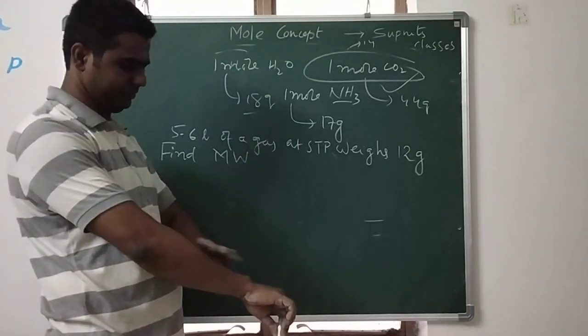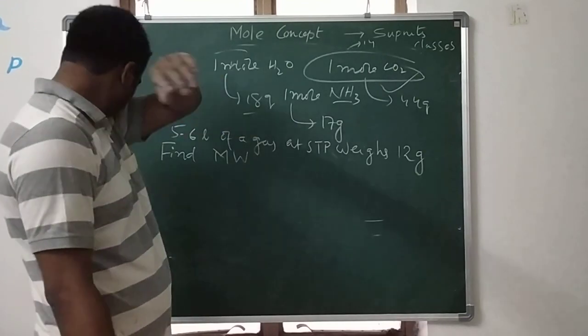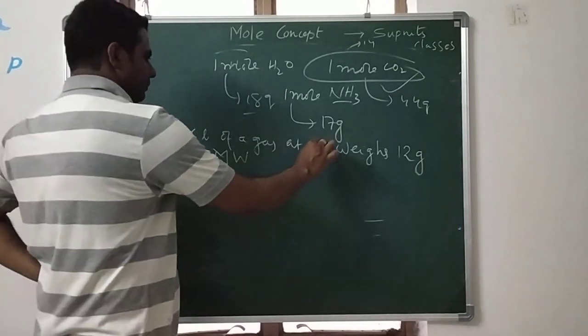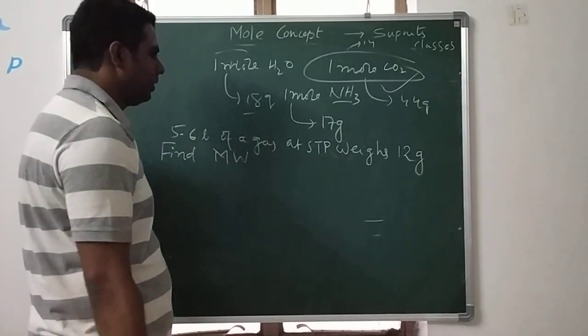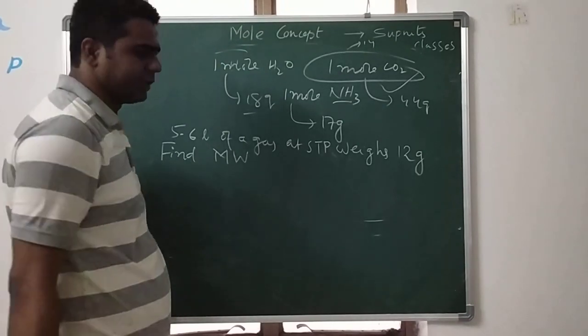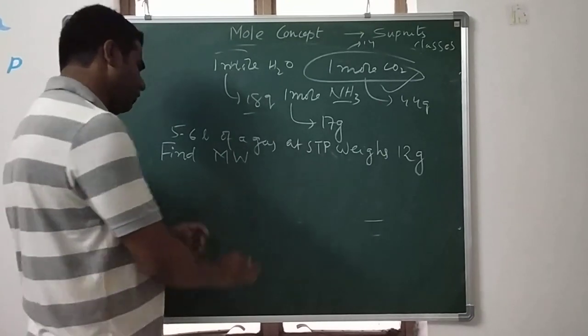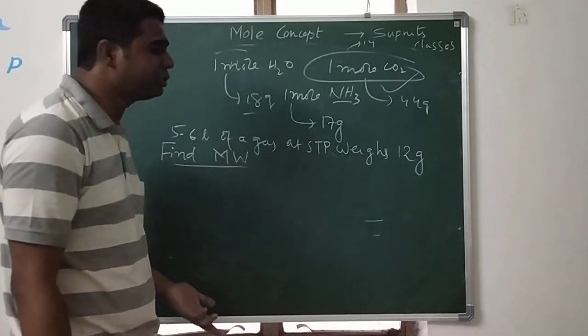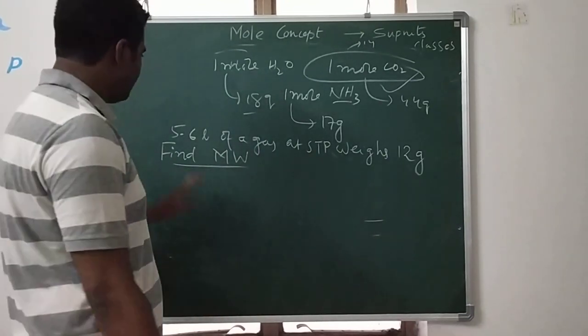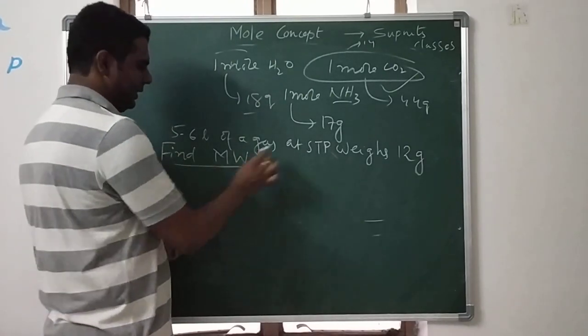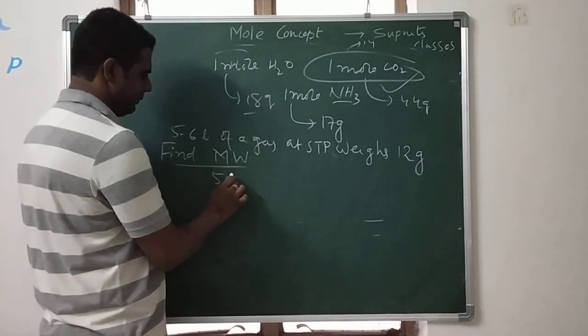Okay. So, see what is given to you first. You don't have to worry. It's a very easy problem. What is given? I know you have to calculate molecular weight which you used up till now. Given to you is liters STP. ठीक है? 5.6 liter STP.